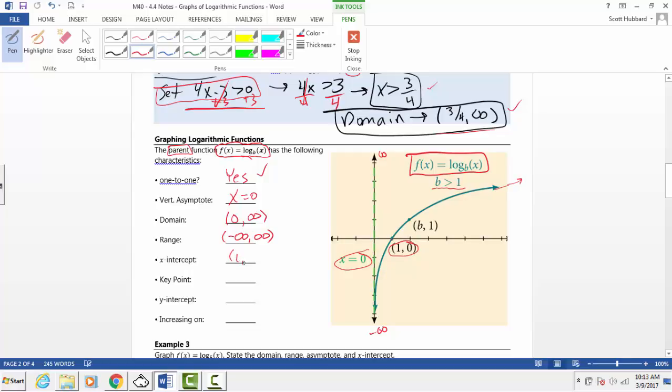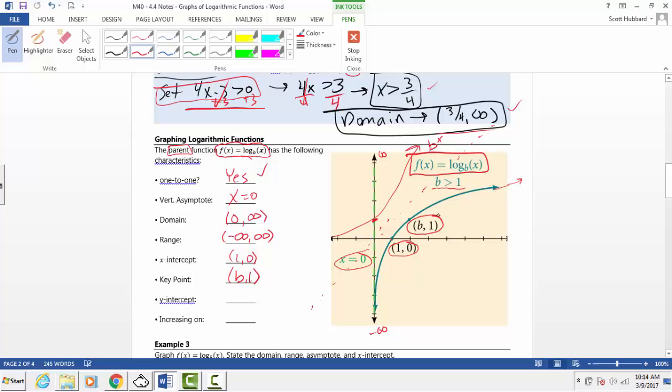And again, that's because it's an inverse of the exponential functions. Remember, exponential functions always went like this. So call that b to the x. And it's a reflection across the y equals x line. Okay, the first key point is b comma 1. It's right here.